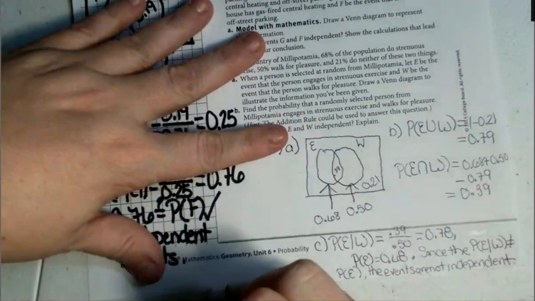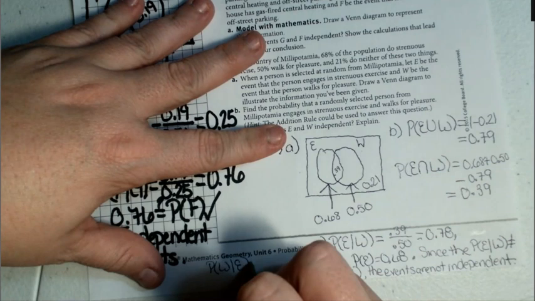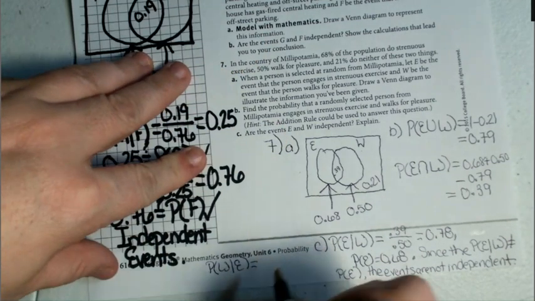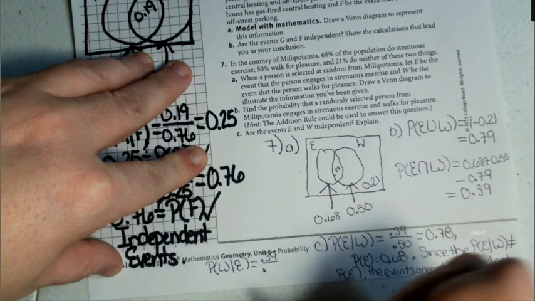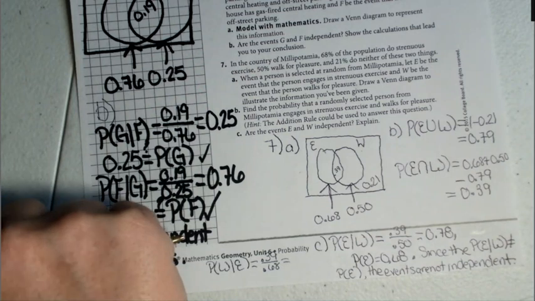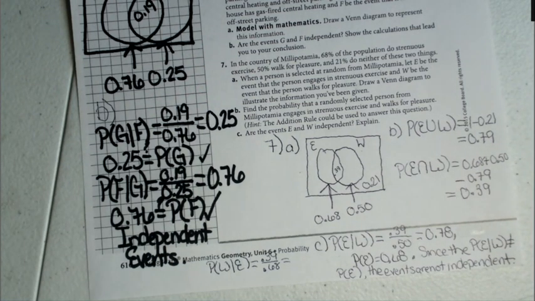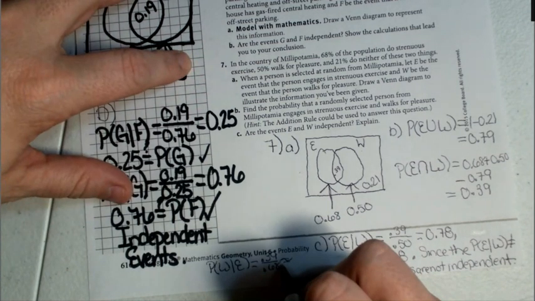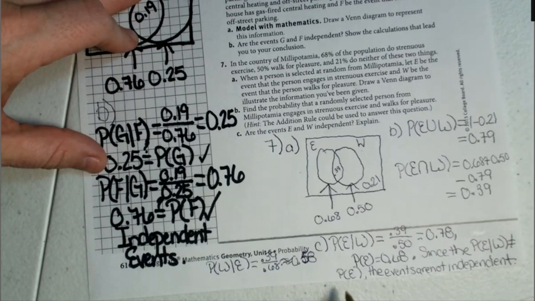We could have also done it the other way. We could have done probability of W given E. Well, W given E would have been 0.39 over 0.68. 0.39 divided by 0.68 would have been approximately 0.58. That's not exact because it went out to decimal places. So this would have been 0.58.